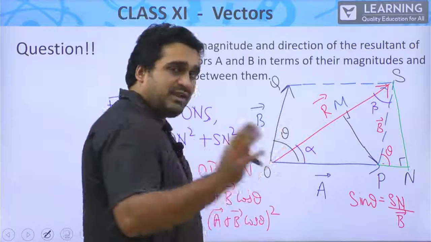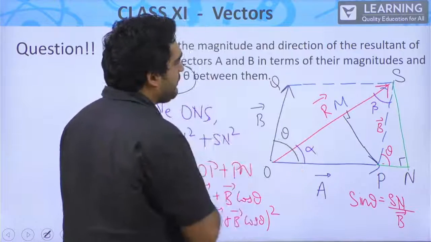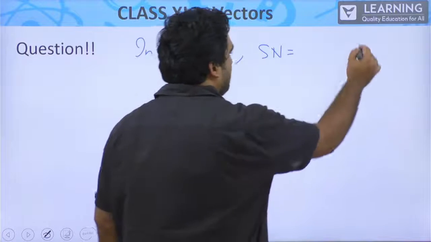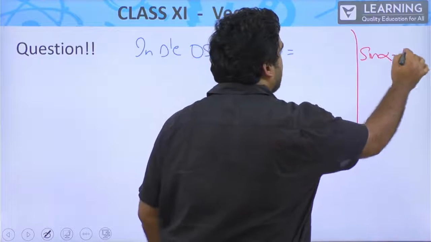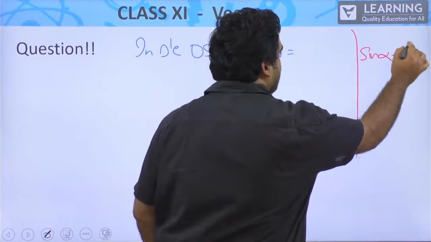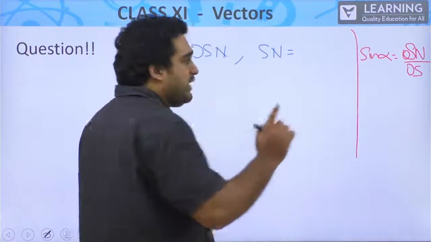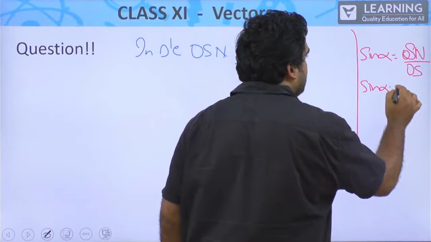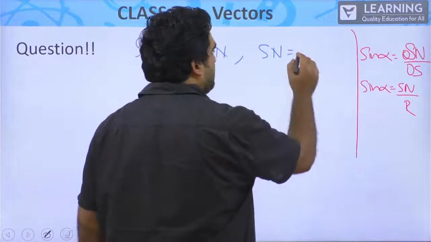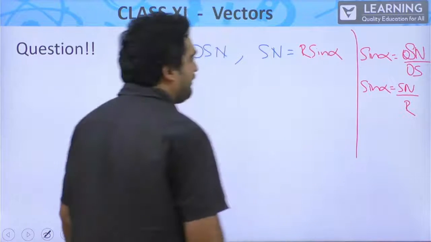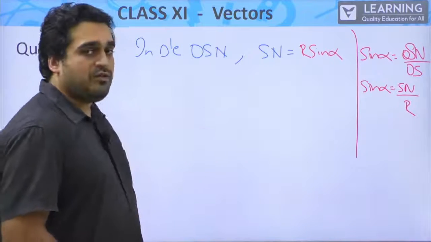Therefore, by using the same trigonometric identity, sine alpha equals SN divided by OS. And what do we know about OS? It is vector R. So sine alpha is equal to SN by R. So you can write that SN is equal to R sine alpha in the triangle OSN.